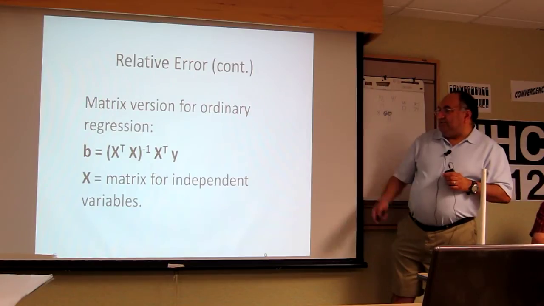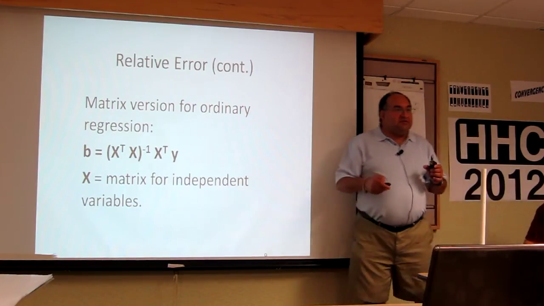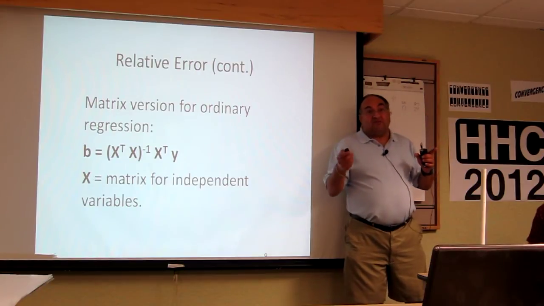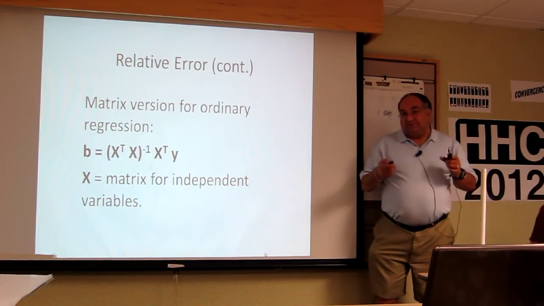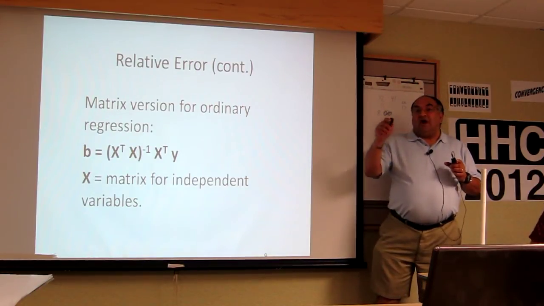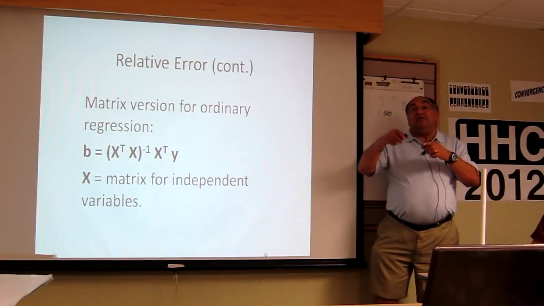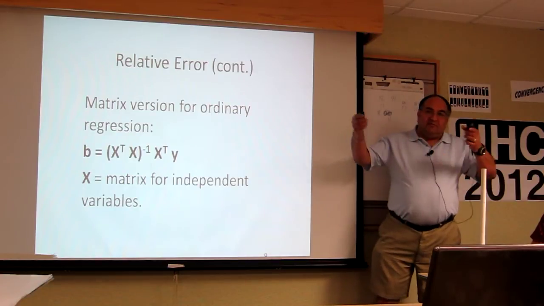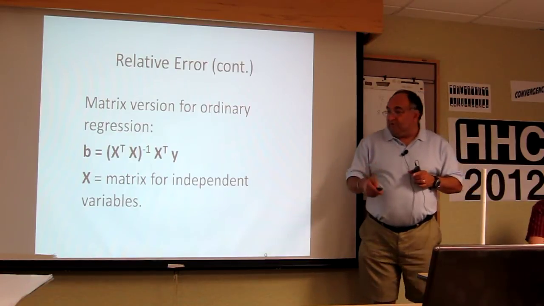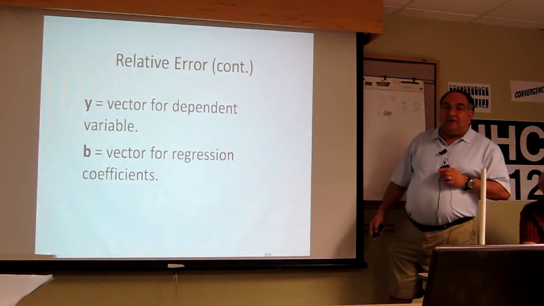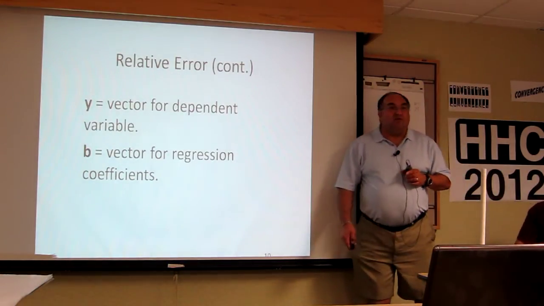X here is the matrix of the independent variables. Usually it has a column of ones, either the first one or the last one, to account for the intercept. And then all the other columns represent the independent variables and or their transformations, if you're doing quadratic or whatever polynomial fits. Y is the vector of the dependent variable, and then B is the vector of the regression coefficients that we like.